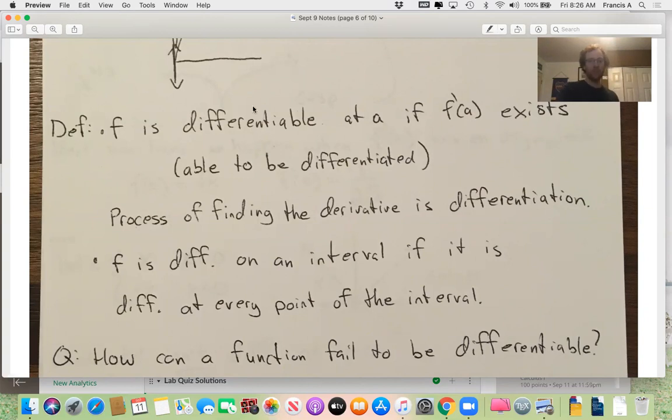And so differentiable at a point means the derivative at that point exists. And then like with continuity, we'll say you're differentiable on an interval if you're differentiable at every point of the interval. So given a function, there are 3 questions you can ask.